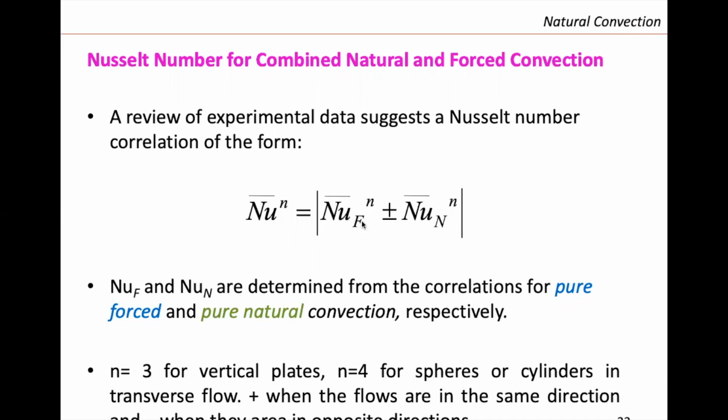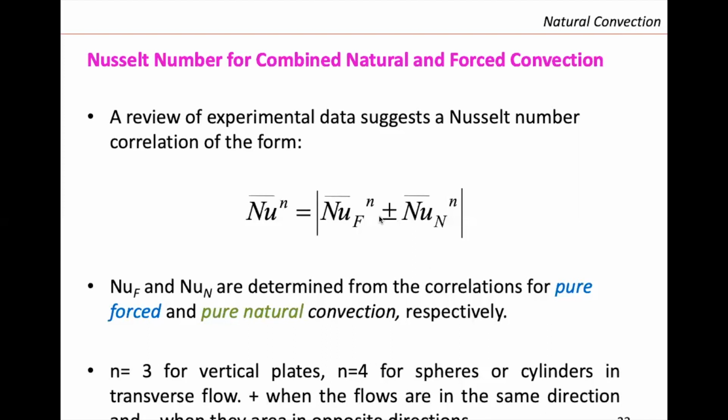Where Nu_F is the pure forced convection Nusselt number, and Nu_N is the pure natural convection Nusselt number, okay? And this little n on top is equal to 3 for vertical plates and 4 for spheres or cylinders in transverse flow.